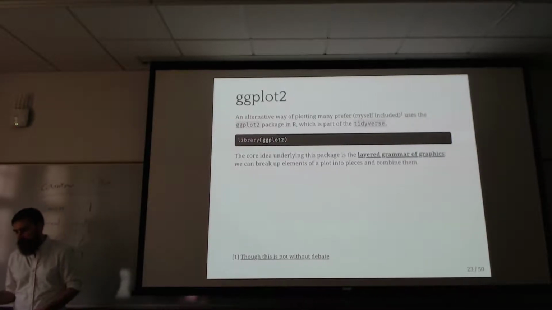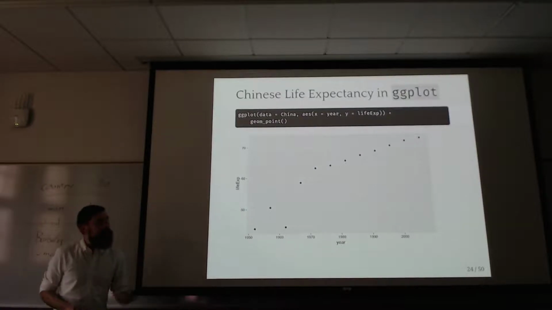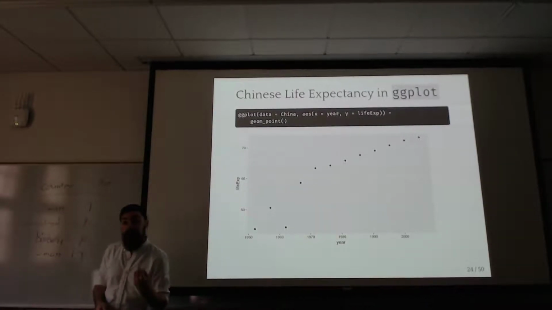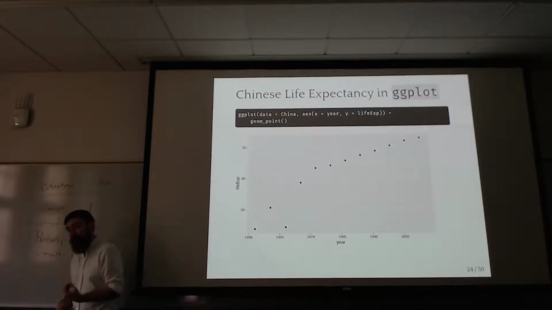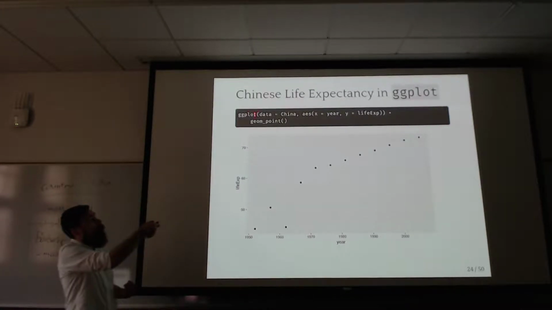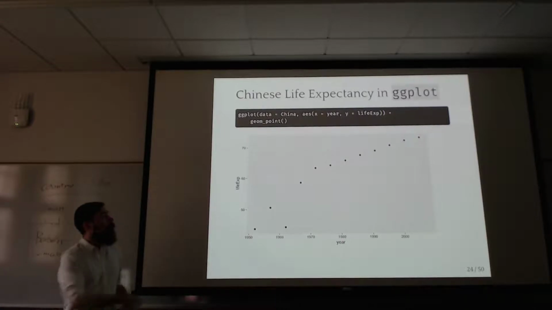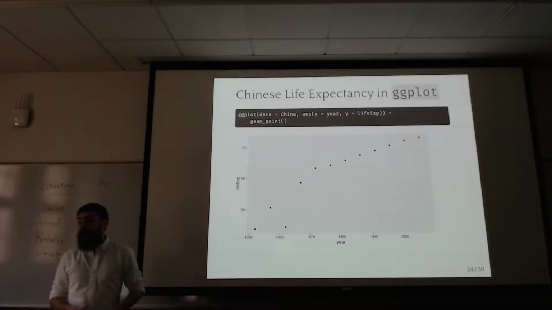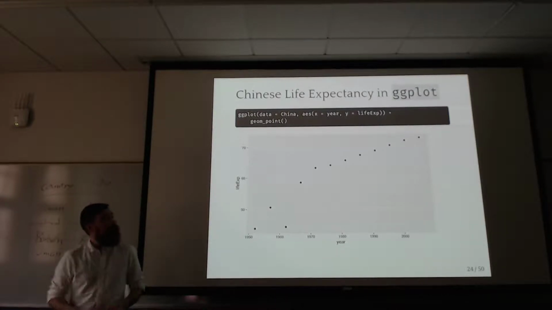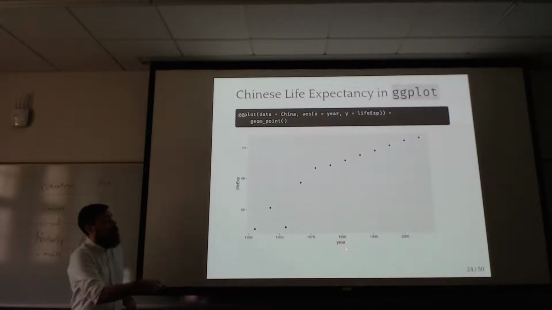Not everybody does. Okay. This is that same plot before, the scatter plot, done in GGplot syntax instead of base R syntax. What I do here is I call a GGplot object. The function is just ggplot. I give it a data set, data equals China. aes is the aesthetics we're going to set in the plot. I just say x equals year, y equals life expectancy, and then that's the end of that function call.